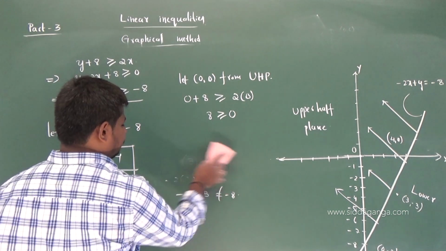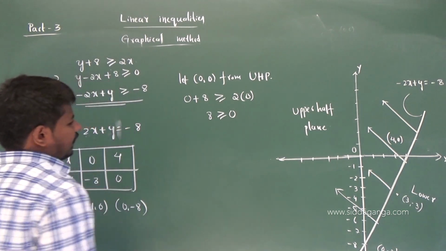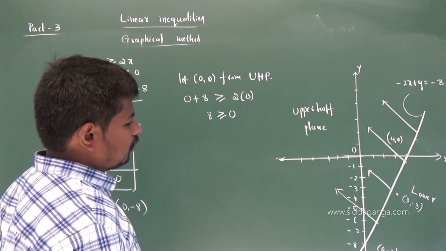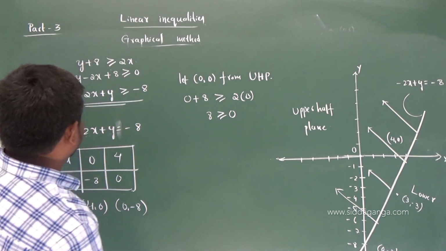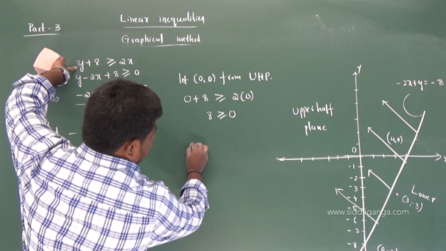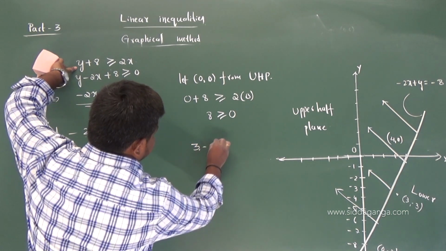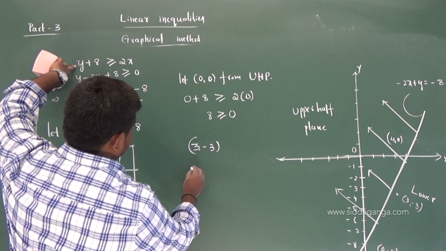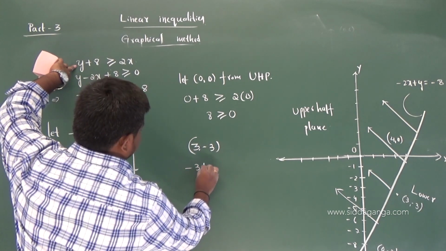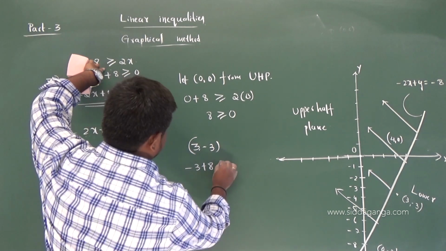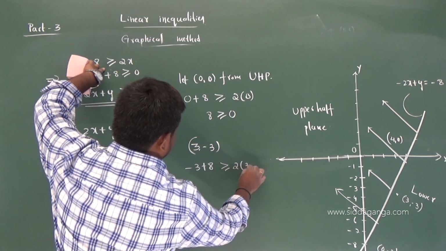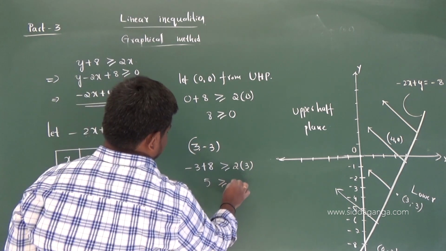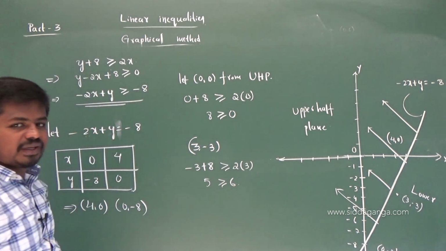If it is satisfied, it will be on the line. So now 3 comma minus 3 comes below the line, in the lower half plane. Let us substitute in the given inequality: 3 is the x coordinate, minus 3 is the y coordinate. Y is minus 3, plus 8 is greater than or equal to 2 into x, which is 3. So 5 is greater than or equal to 6, which is false.